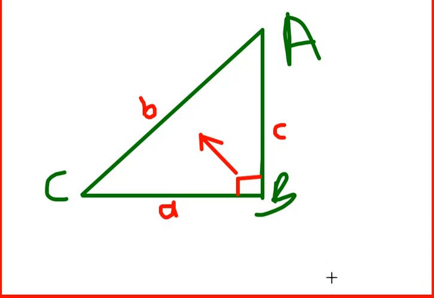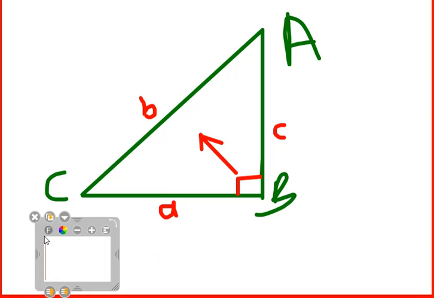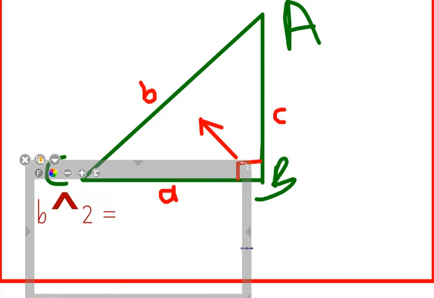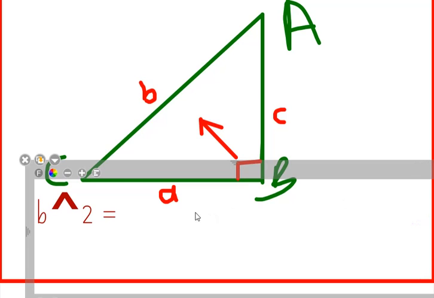So let's see how we can calculate b squared if we are given a and c. Let's say we are given a to be a value and c to be another value.